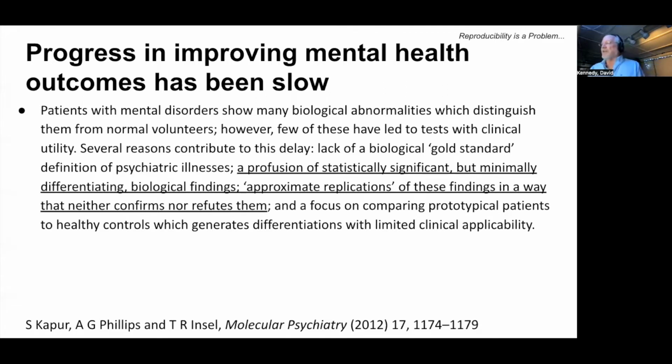And amongst the things that he points out is that there is a profusion of statistically significant but minimally differentiating biological findings. These all lead to approximate replications of these findings in ways that neither confirm nor refute them, and also the focus on comparing prototypical patients to healthy controls, which generates limited clinical applicability.